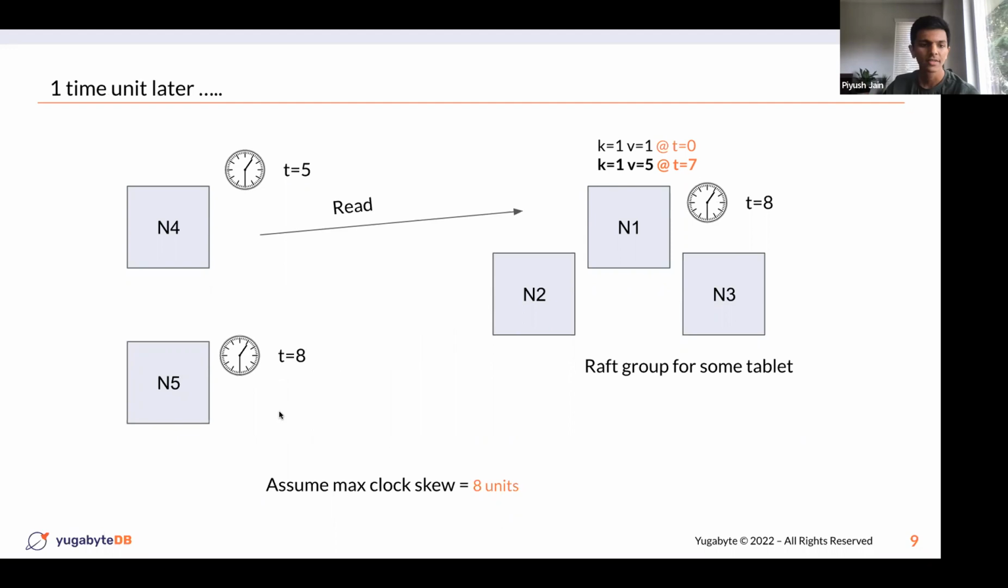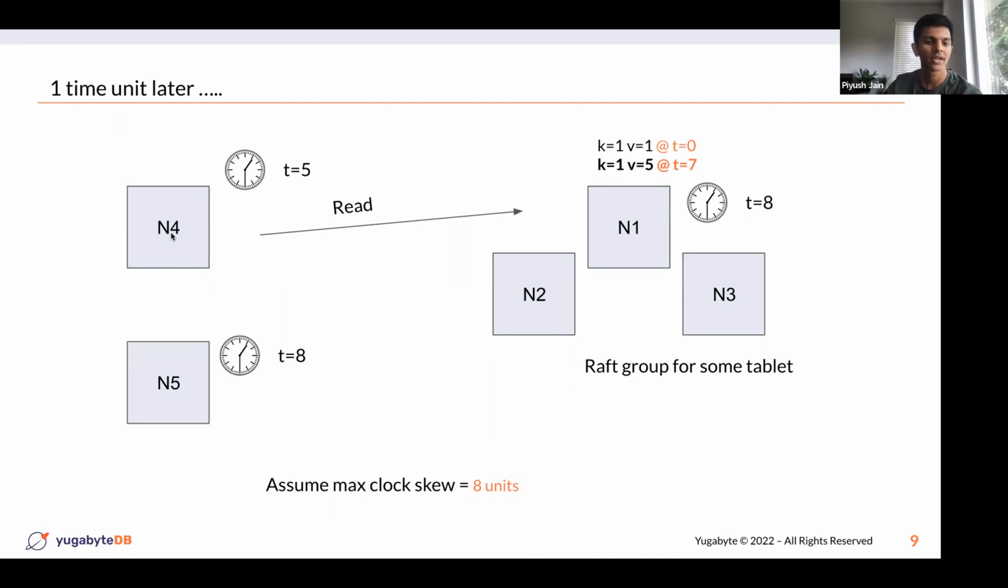Now, let's assume clocks tick 1 unit ahead, even further. And let's assume now that this user gave a phone call to another user in some other part of the world, because this is a geo-distributed database. So user one gives a call to user two that, hey, I wrote v equals 5.